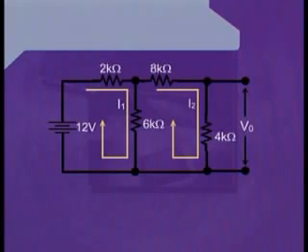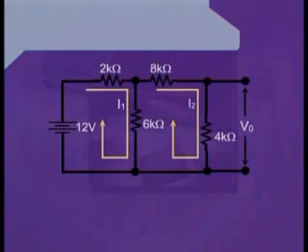Therefore, if we declare the left hand side mesh as mesh 1, we can assume that the current I1 is flowing through mesh 1. Similarly, we have declared the right hand mesh as mesh number 2, and respectively we assume that the current I2 is flowing through the mesh.